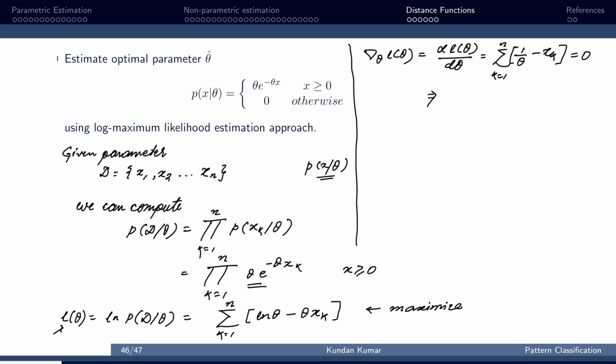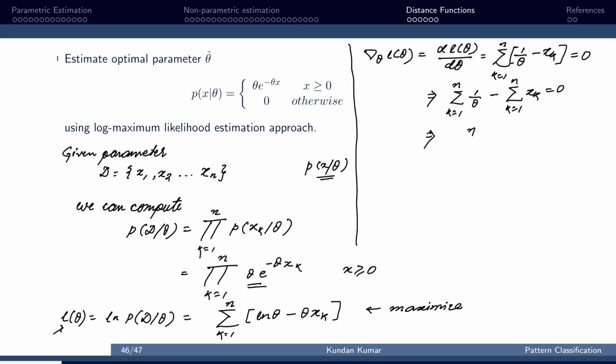So here summation 1 by theta, k equals 1 to n, minus summation xk, where k equals 1 to n, equals 0.